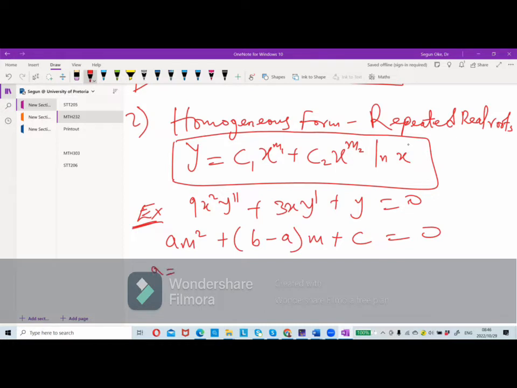What is a in this case? Anybody? 9. a equals 9, b is 3, and c is 1.